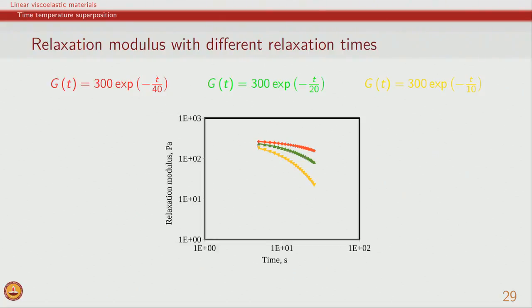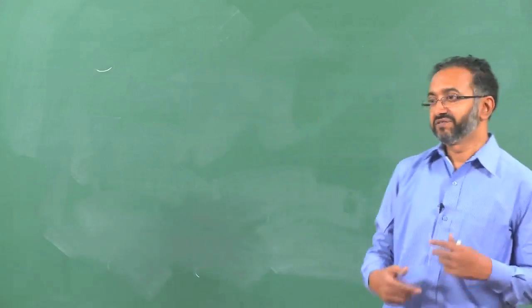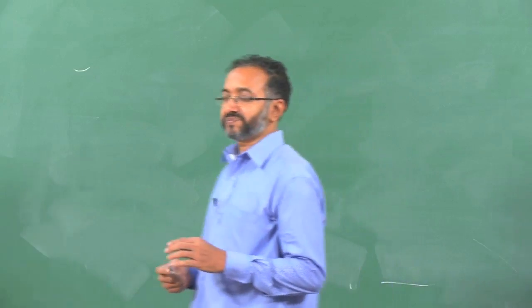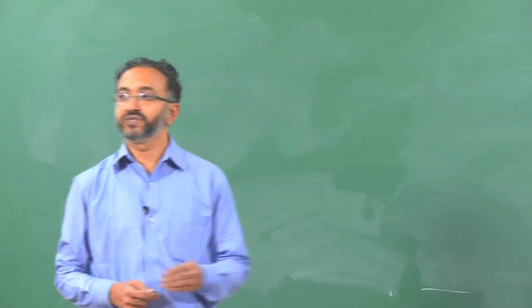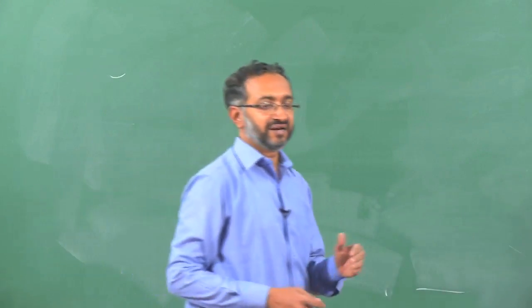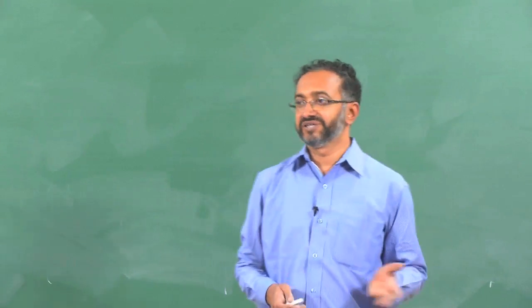So, we could also think that it is the same material being represented, but at 3 different temperatures, and we have discussed earlier that we would expect that at higher temperature we can reduce the relaxation times, and at lower temperature the relaxation times would increase.